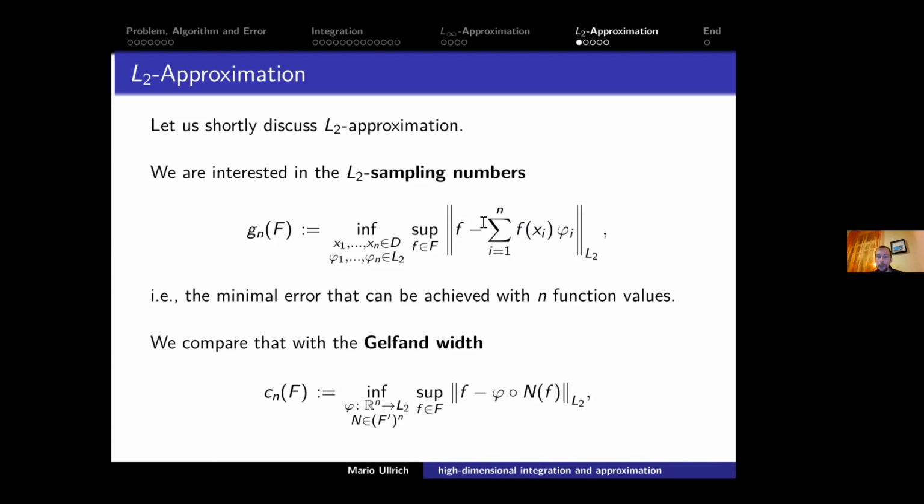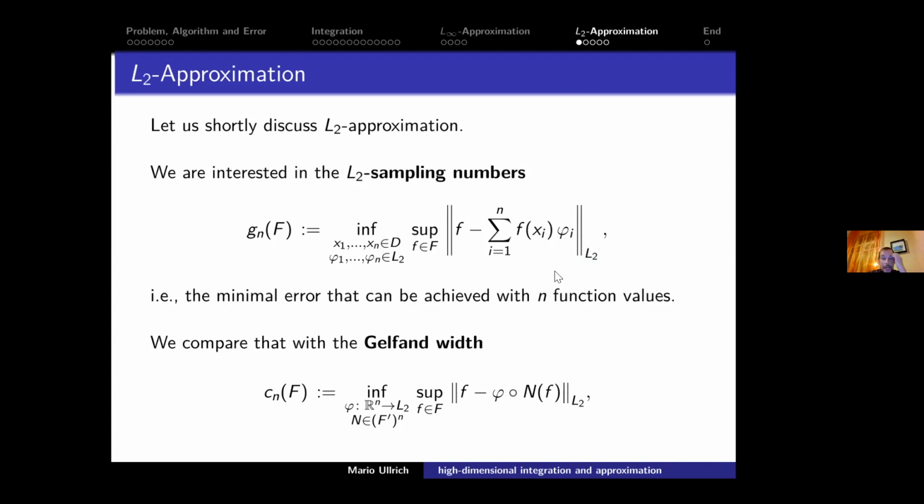So we compute the worst case error in the class F. It's just the error of a linear algorithm using only function values. Then we take the infimum over all points for function evaluation and all reconstruction functions. This quantity is known as the sampling numbers. I call them L2 sampling numbers because I'm using the L2 error. That's the minimal error that can be achieved by linear algorithms that use n function values.